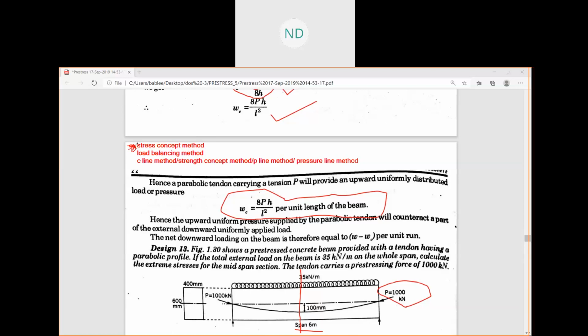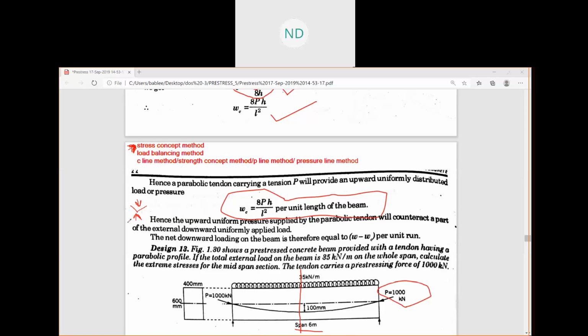And now when we are solving problems which have a kind of load balancing, like when you have a bend tendon, your tendon will give an upward thrust to the downward loads. This upward thrust is going to balance your downward load.